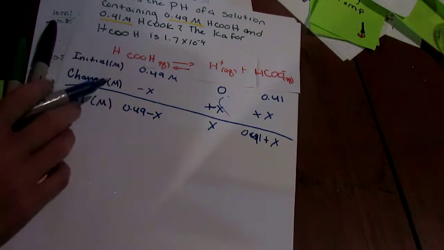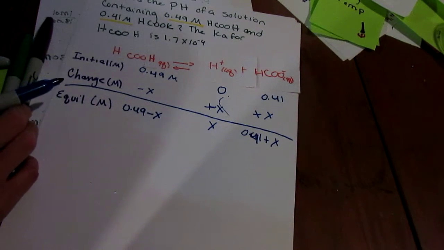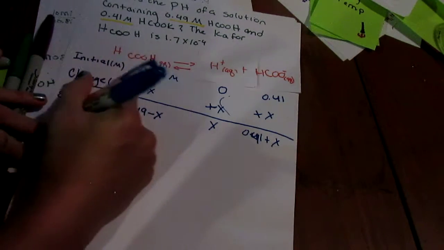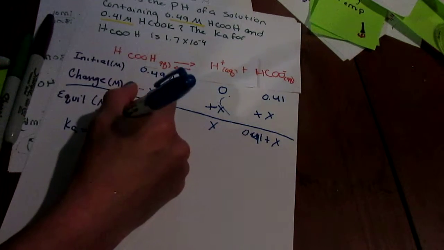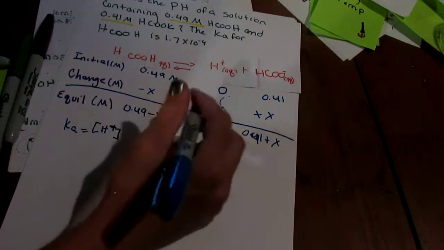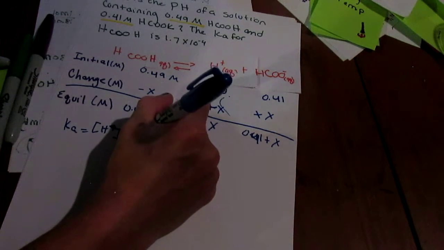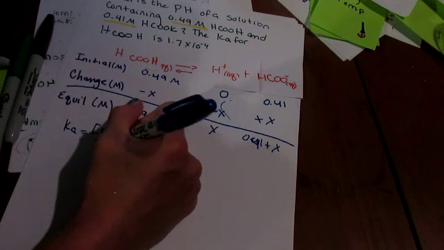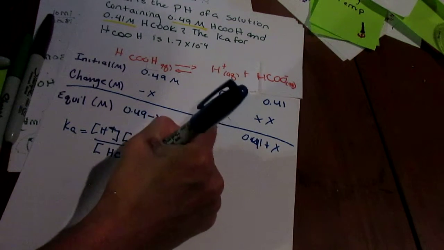Now that we have our equilibrium, we will put this in our Ka equation. So the ionization constant, the Ka, is equal to our hydronium. And then right here, this is denoted as our base, and this is denoted down here as the acid, HCOOH.